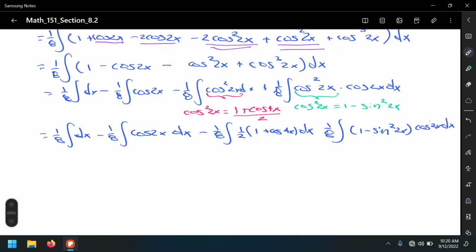Okay, so let's simplify this. Number one, I'm going to write this into two integrals, but at the same time I'm going to multiply the 1/8 with the 1/2.